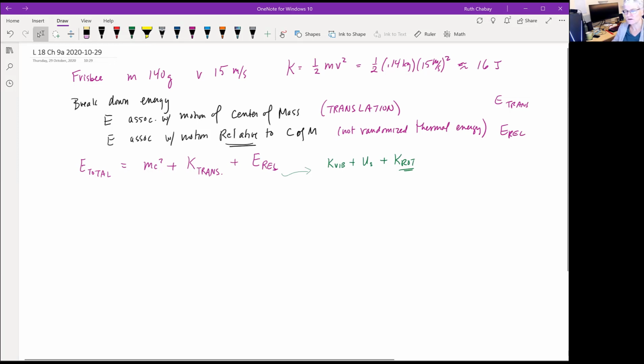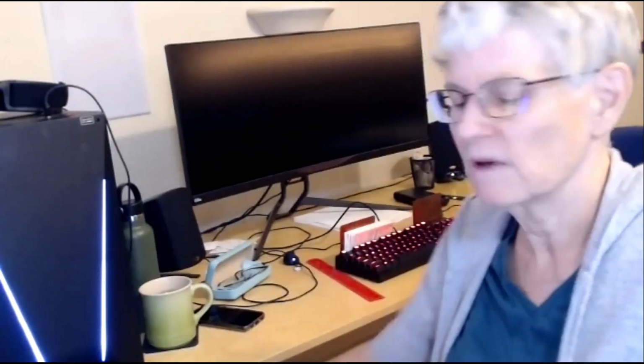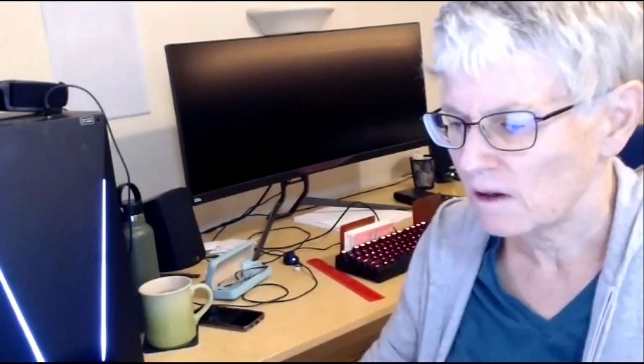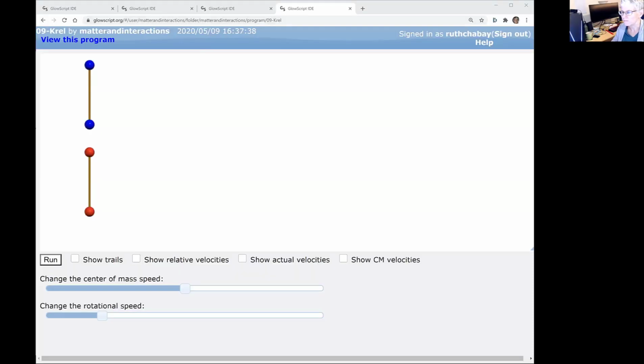So here's an example before we get down to defining things, of what we're talking about here. I'll show you in a VPython program. Here we have two objects that can move, a blue one on top and a red one on the bottom. They're dumbbells, basically. They've got masses on the ends, and then they've got a low mass bar connecting them.